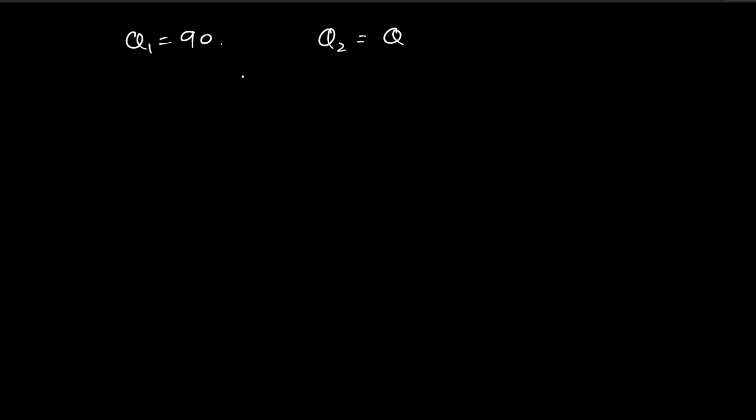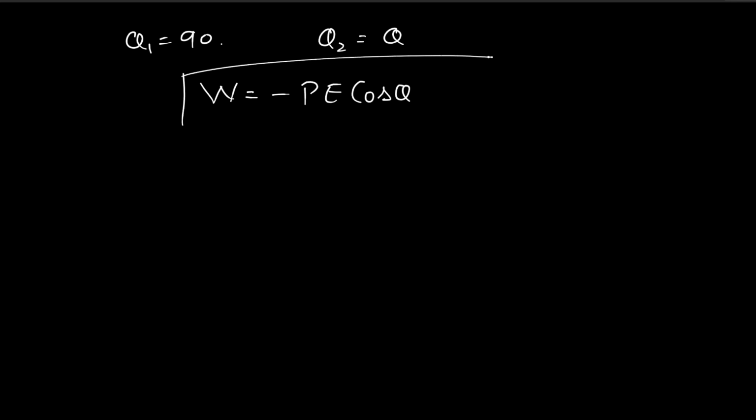The work done is minus p e cos theta. Simply, theta 2 becomes theta, and cos 90 degrees becomes 0, and you get this answer. It is too simple, just try to remember it.